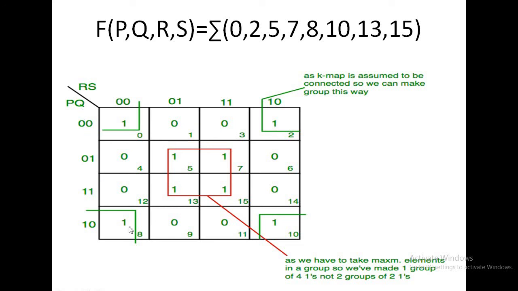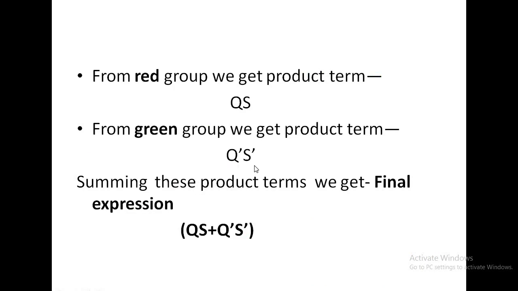And from these 2 columns, here 0, here 1, changed. Here 0, here 0, common. So S prime. So Q prime, S prime. Summing these 2 expressions, QS plus Q prime S prime.